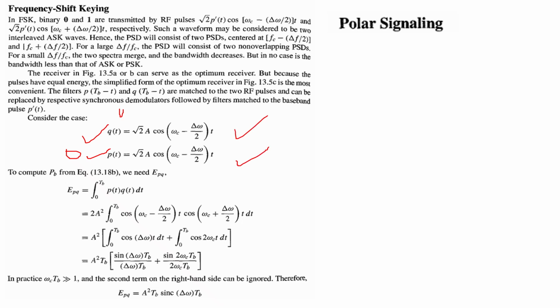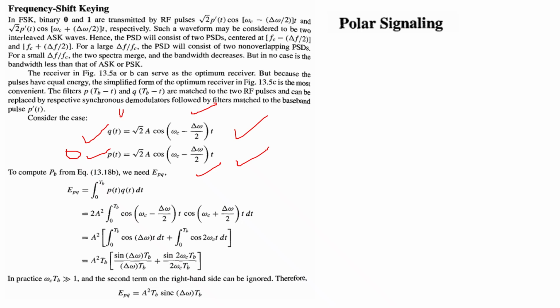So you can check here, it has two different frequencies, right? So we have omega c minus delta omega by 2, and here we are also using delta omega by 2 for p(t), right?